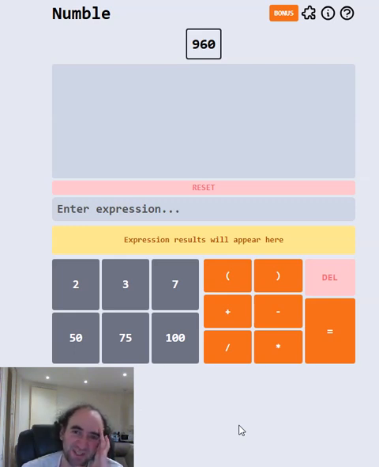150, lots of 7. No, that gets us to 1050. 135 or so. That's probably a bit more than we need. 135 times 7 takes us to 945.